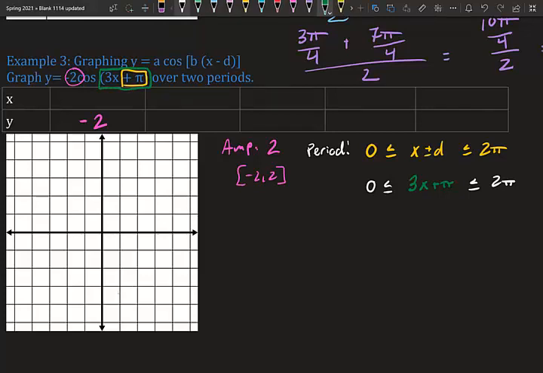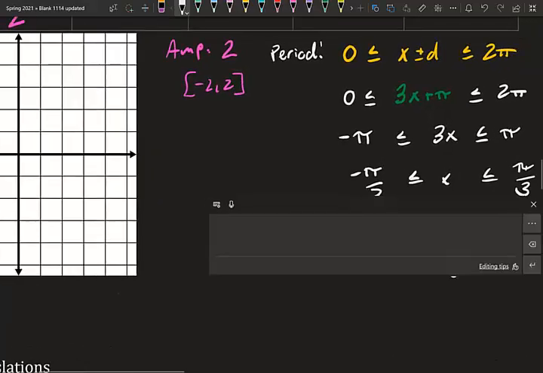So let's go ahead and solve for x. We'll have negative pi is less than or equal to 3x, that's less than or equal to pi. Divide by 3. So we have negative pi over 3 is less than or equal to x, and that's less than or equal to pi over 3.